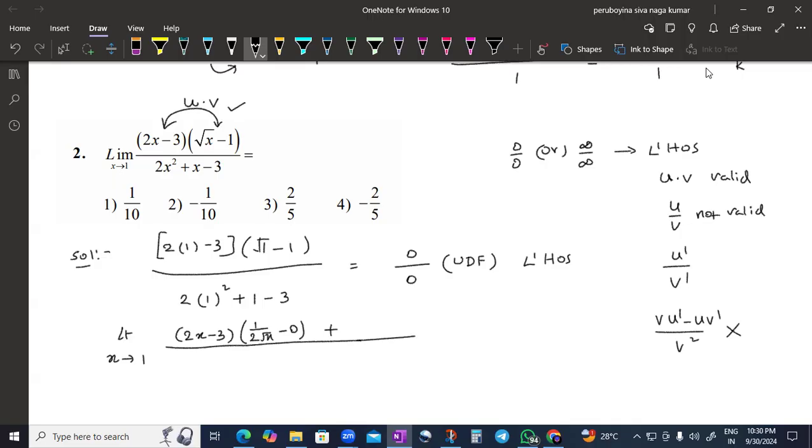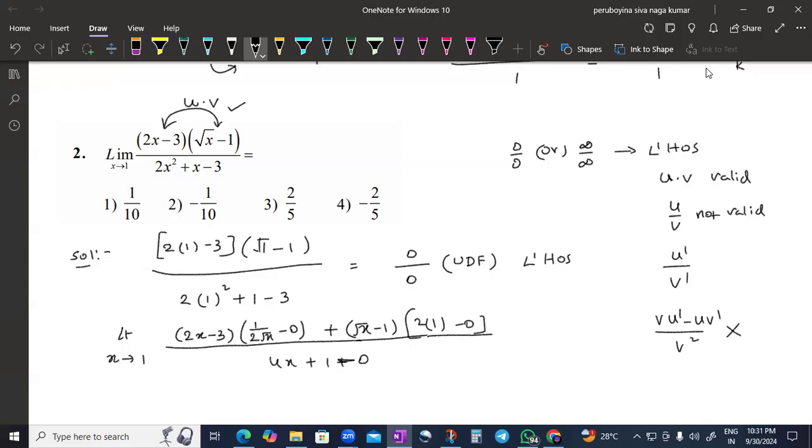Plus v u dash, where v is root x minus 1. The derivative of 2x minus 3 is 2, and the derivative of 3 is 0. If you see the denominator, the derivative of 2x squared is 4x, x derivative is 1, and the constant derivative is 0.